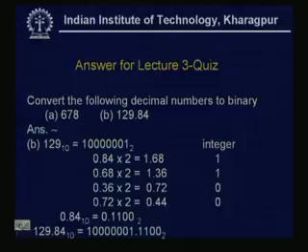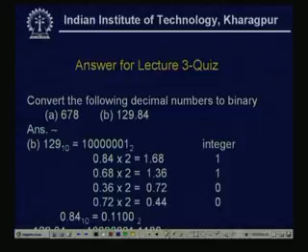We can see this in another way. The place values here are 1, 2, 4, 8, 16, 32 and so on.